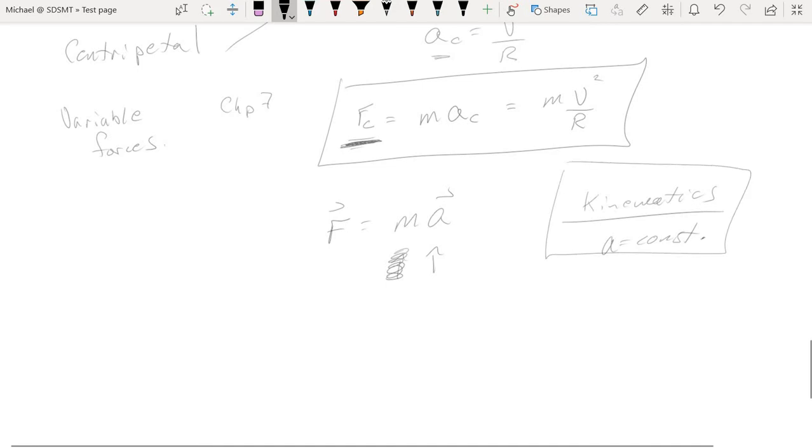And so the kinematics will not always work in every conceivable situation, because sometimes you'll have a non-constant acceleration, and so we need to figure out how we're going to deal with that, but that's not going to happen until we get to Chapter 7.